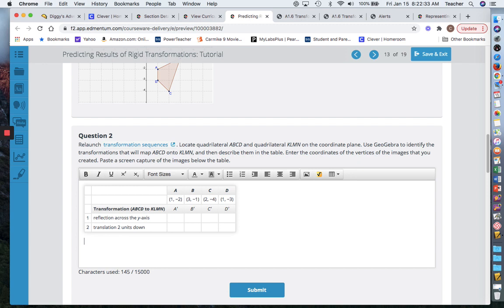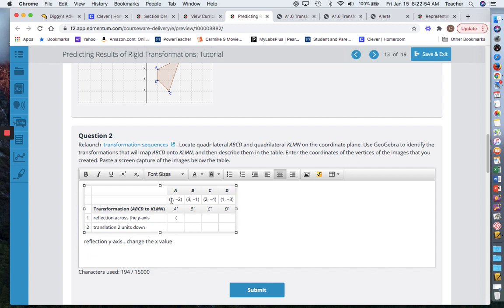So if you're doing a cheat code, reflection across the y-axis, and I can't apparently type today. You're going to change the x value. So the cheat code is to change the x when you're flipped across the y-axis.